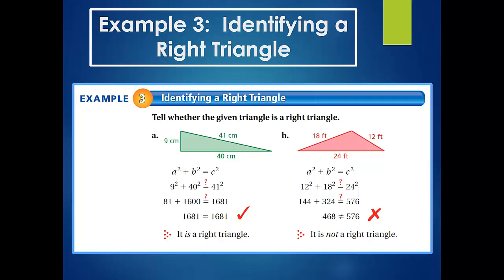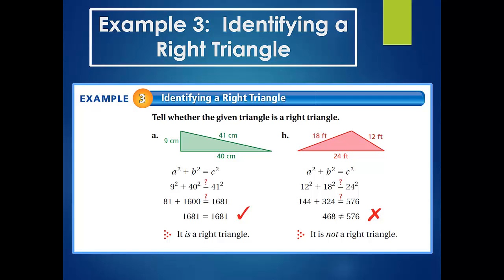For B, our three sides are 18 feet, 12 feet, and 24 feet. Our longest side is going to be c. So for a and b, we'll have 18 and 12. It doesn't matter which order we put those in. So we're going to have 12 squared plus 18 squared equals 24 squared. 12 squared is 144. 18 squared is 324.